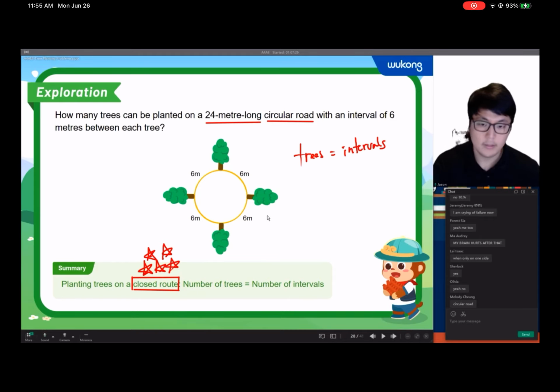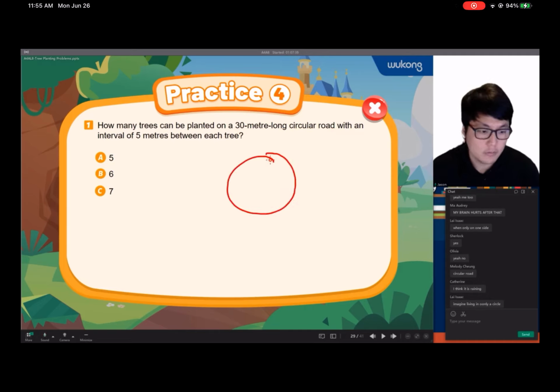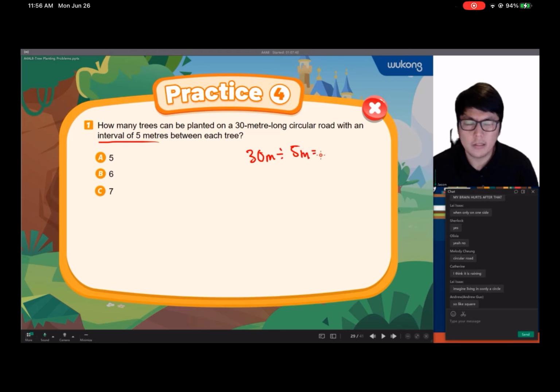Okay? Now, alright then. So how many trees can be planted on a 30-meter circular road? Again, circular road. Now, circle means it's being closed, right? So, 30 meters, an interval of 5 meters. So, okay, how many trees? 30 meters divided by 5 meters equals 6 intervals, right?